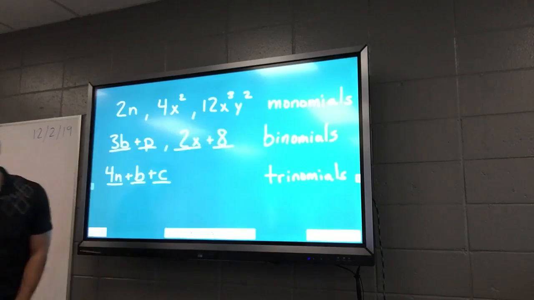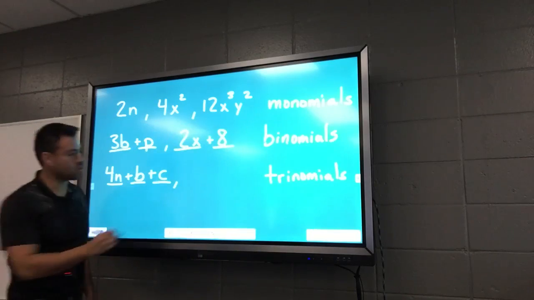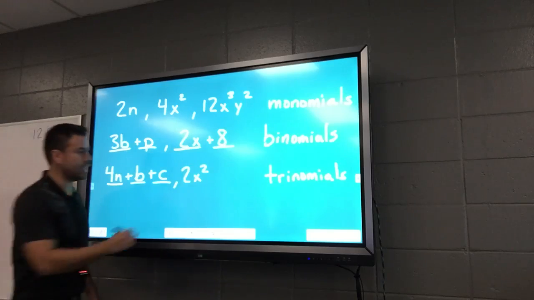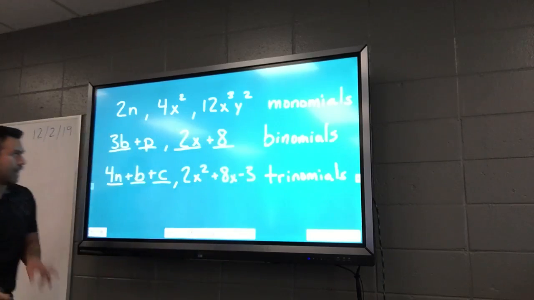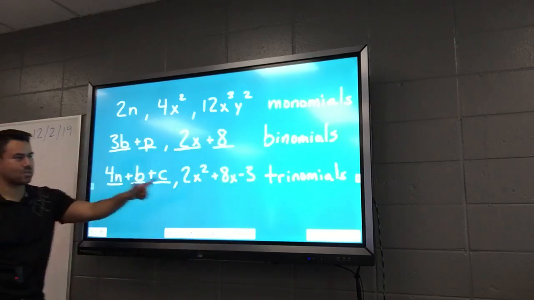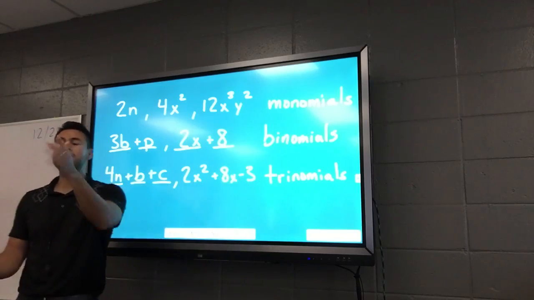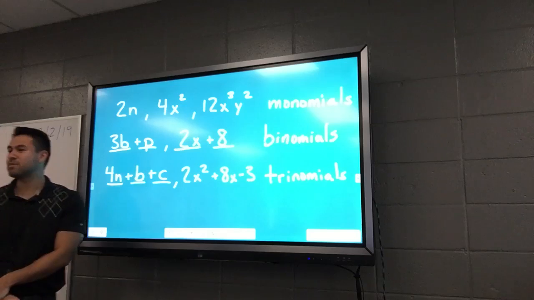Let's do one more here for the trinomial. If you had 2x squared plus 8x minus 3. Okay, I threw in this little minus 3 to semi-trick you and to help you out, because later on you're going to see that and you're like, wait, that's not being added. That's being subtracted.